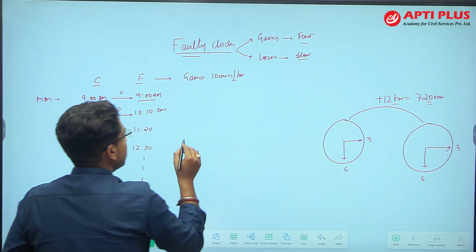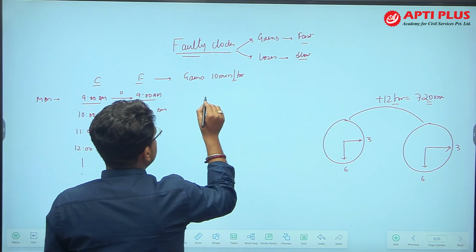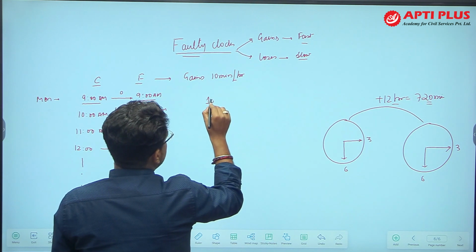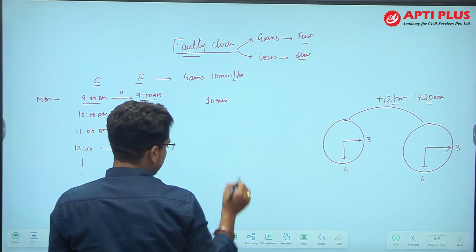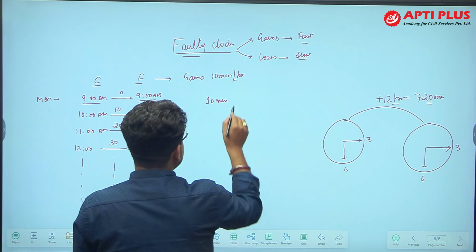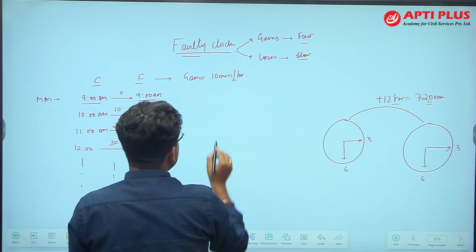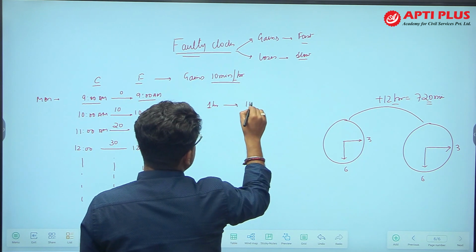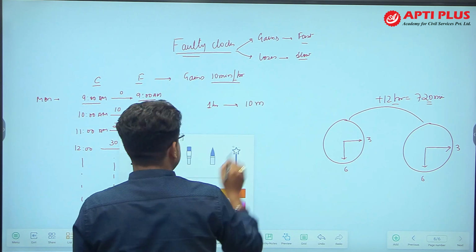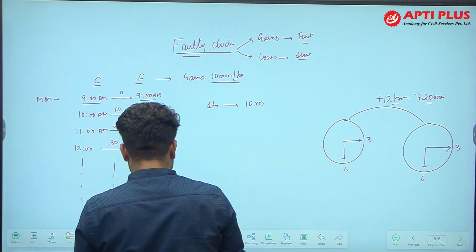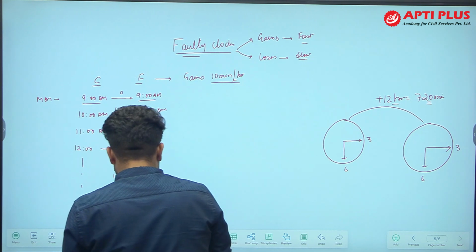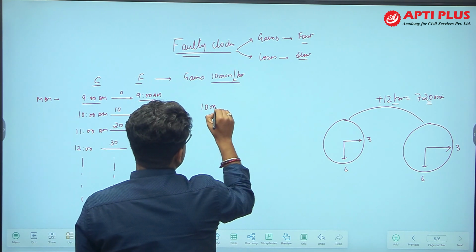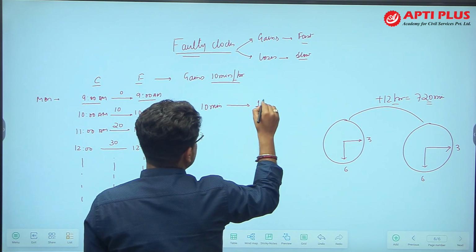So, the clock gains 10 minutes in 1 hour.